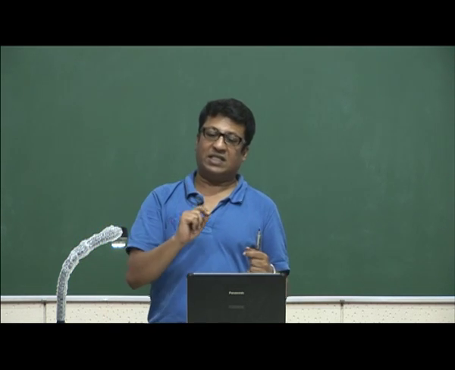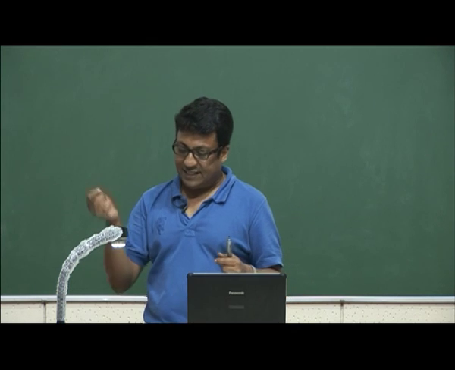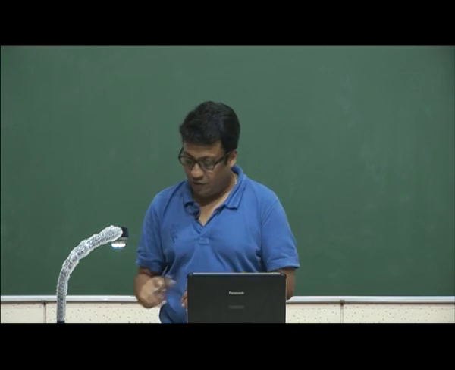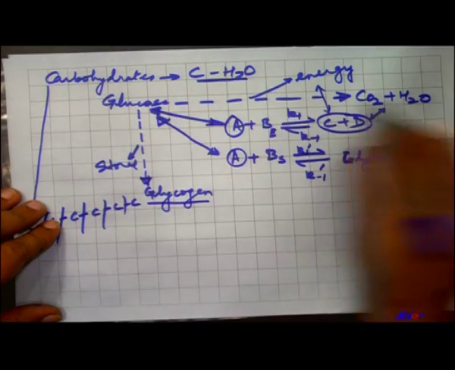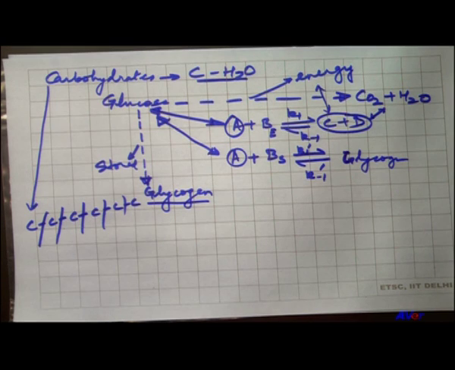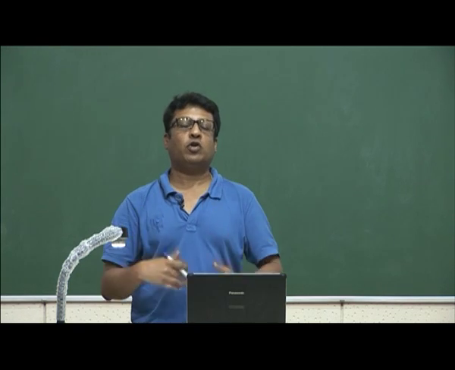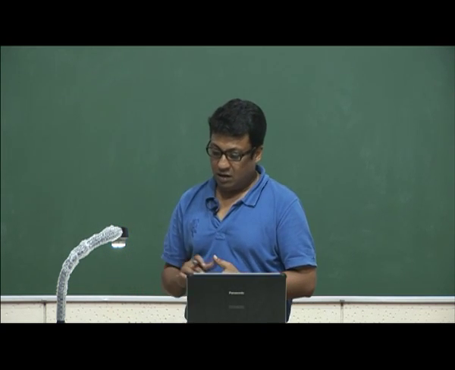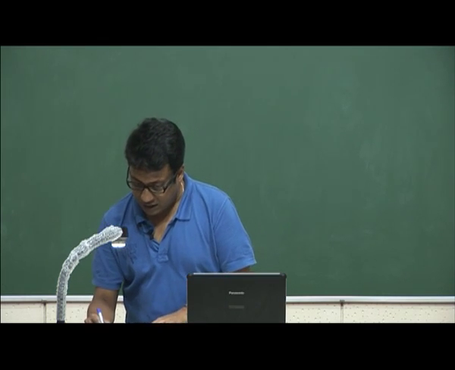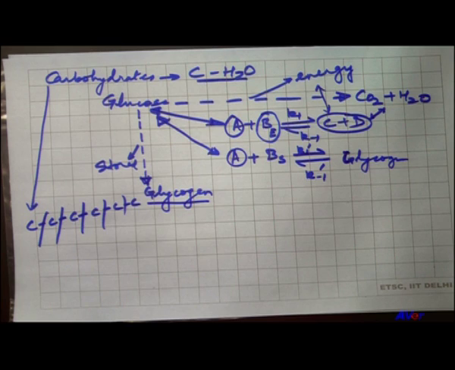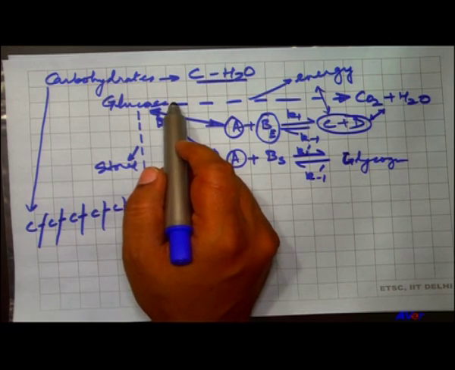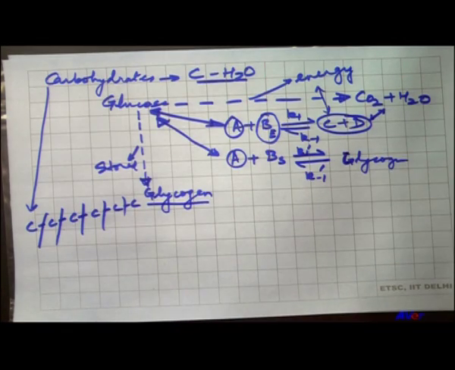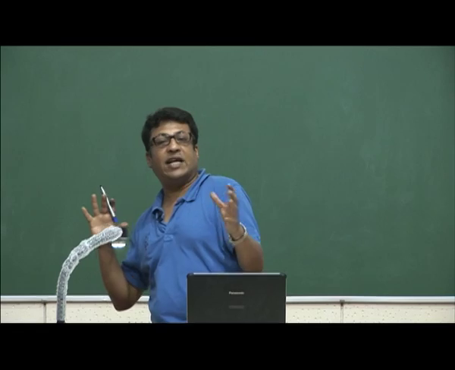So, the first importance is that my cells must have energy all the time. Therefore, glucose is going to always go into production of energy, and therefore I will be producing CO2 and H2O with breaking down of glucose all the time. However, interestingly, there is a point at which all the molecules of B, which is the first reaction here, which is going to take glucose here, are let us say saturated with glucose.